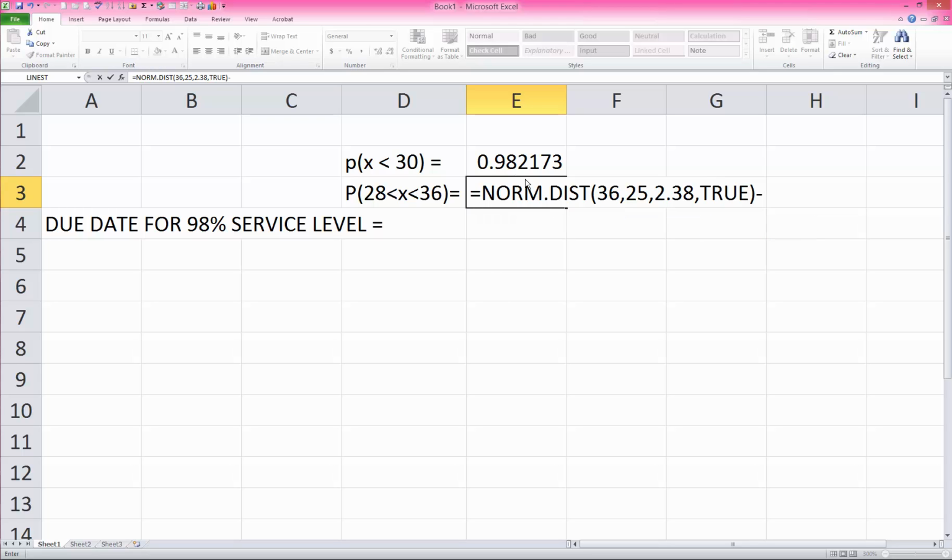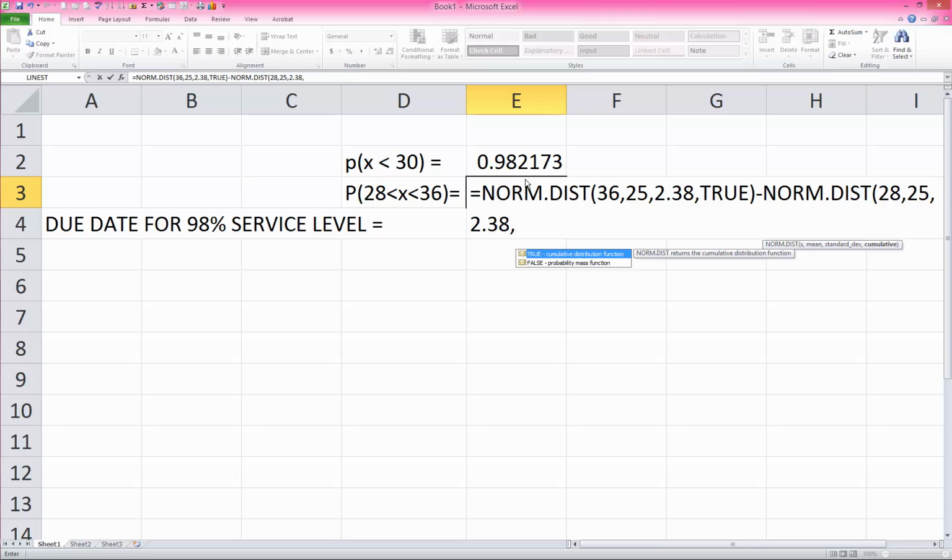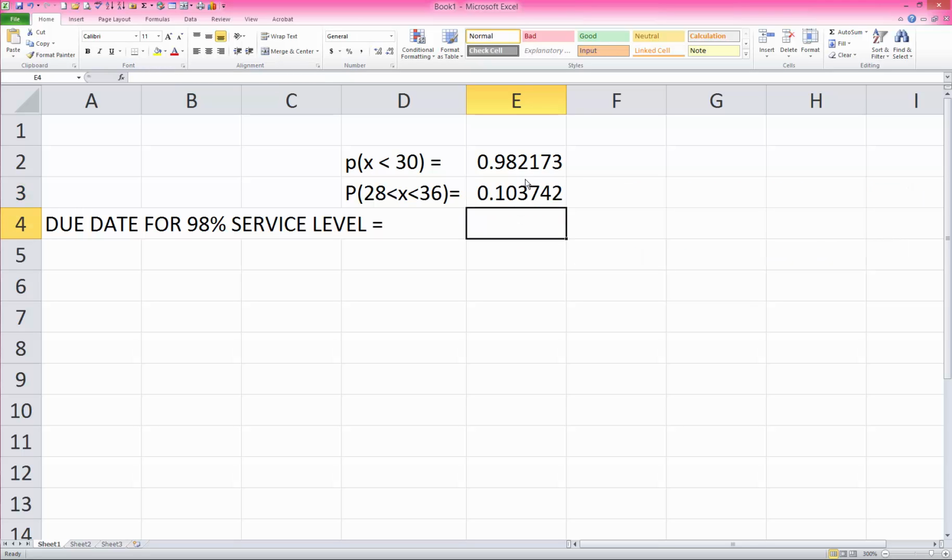And then I subtract from it another norm.dist calculation where the lower number, the 28, is computed. And again, the mean and standard deviation are given. I type them in and then I say true. And that's the probability. There's a 10% chance that we can finish the project between 28 and 36 weeks.